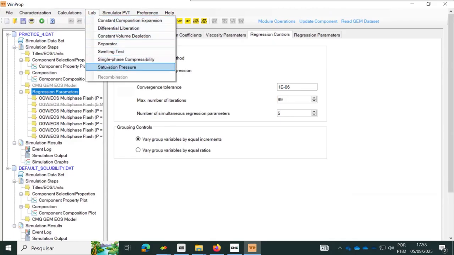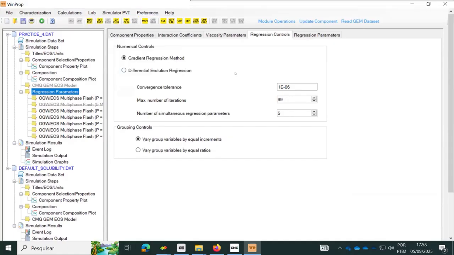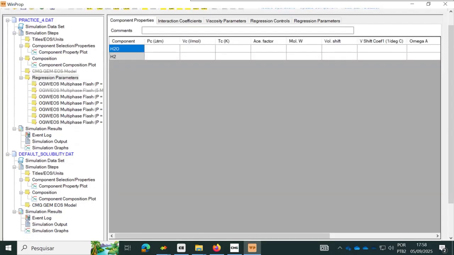Okay. Dr. Marcus. Sure. I have a question. Again, for the salinity, what if the solubility data you have is for a certain salinity, but you want to calibrate for some different salinity? What do we do in that situation? No, actually, I don't have a solution for your question, because the only thing that you have available is to regress on a single salinity.